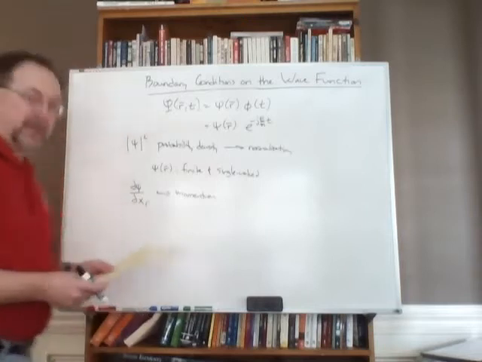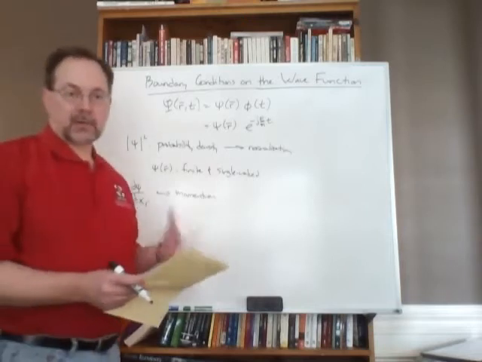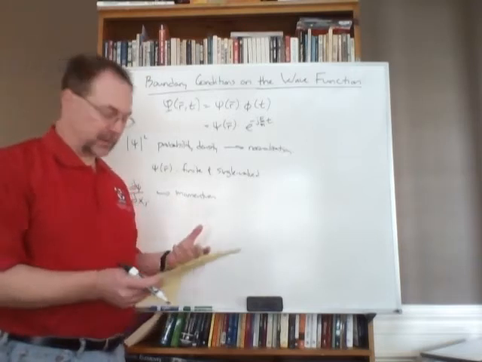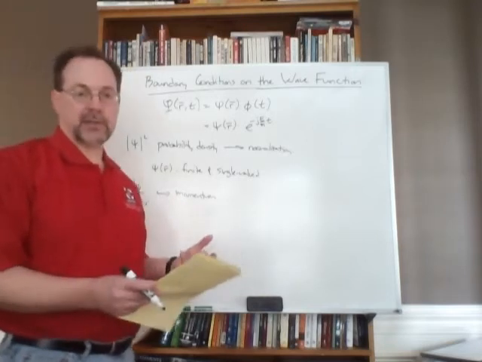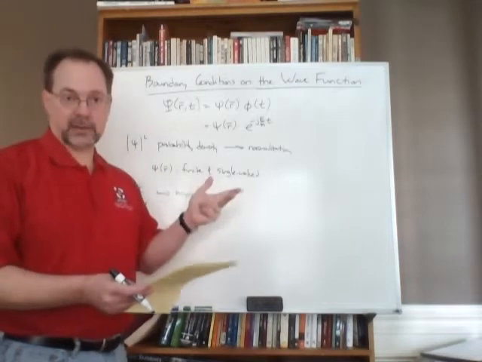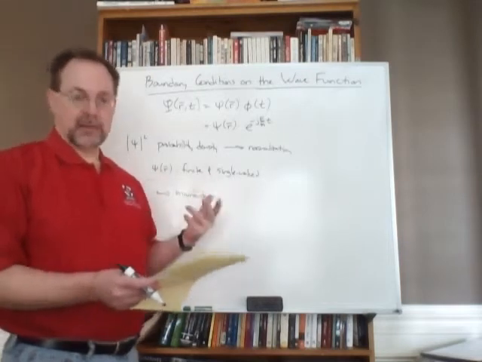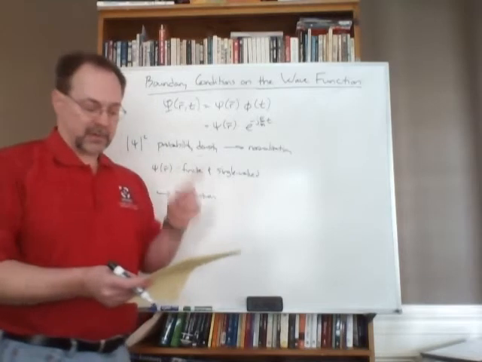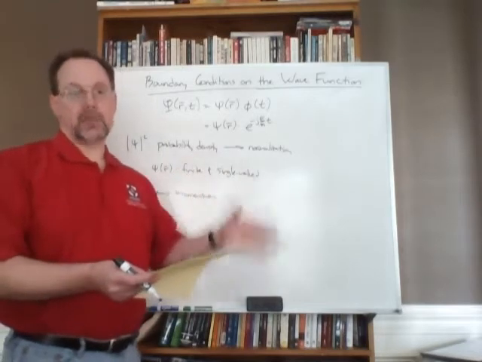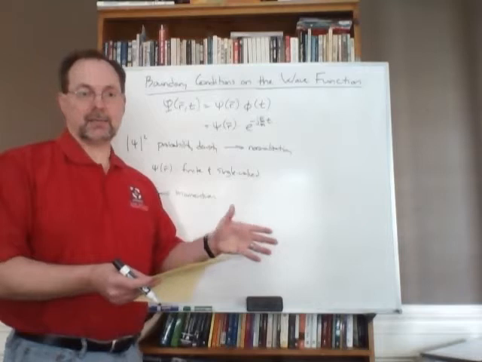All right, so to repeat, we've got our normalization: the integral over all space of the magnitude squared of the wave function has to be equal to 1. The wave function psi of r has to be finite, single valued, and continuous, and its first derivative has to be finite, single valued, and continuous where the potential energy is finite.